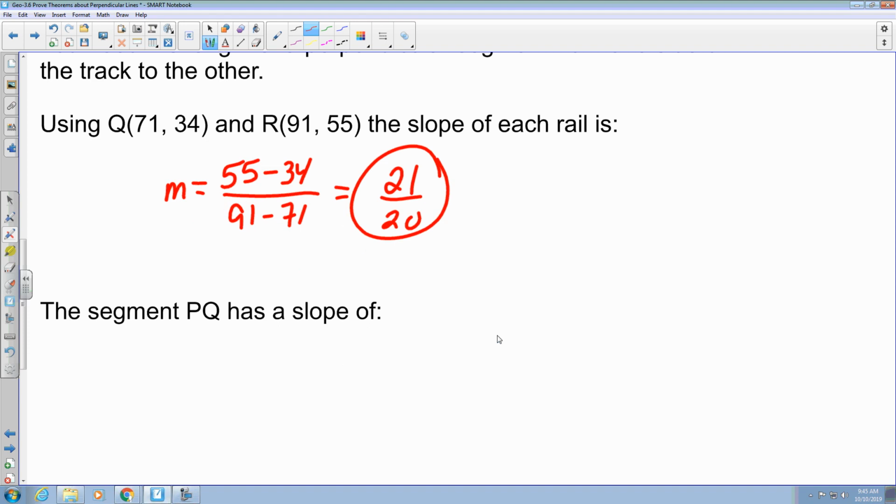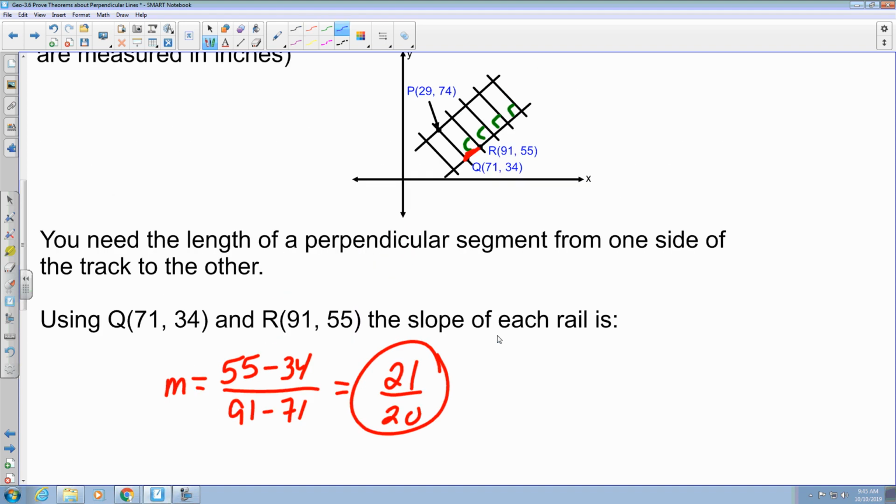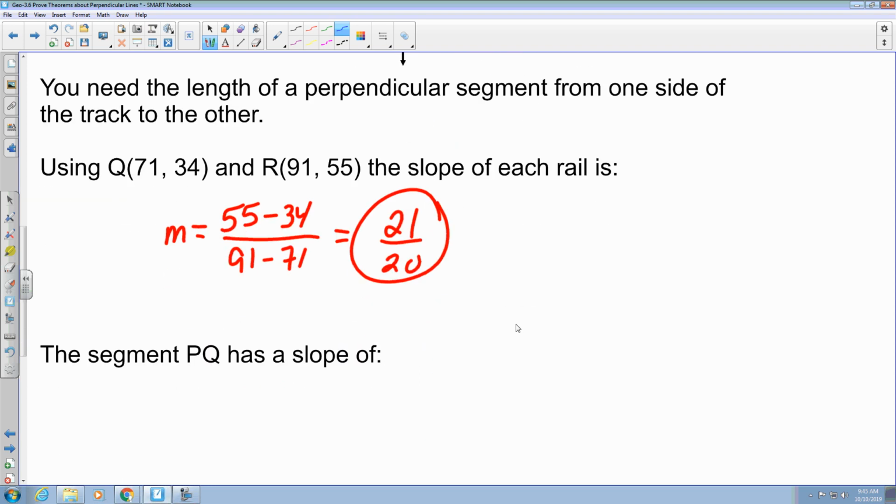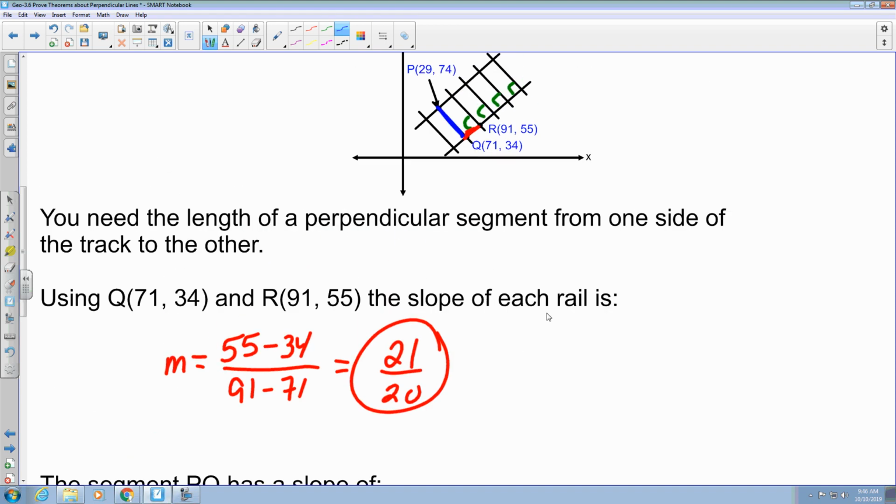Now for this line here to be perpendicular, it has to be the opposite reciprocal. So our answer has to be negative 20 over 21. Now we have to check it to make sure that it is in fact true.